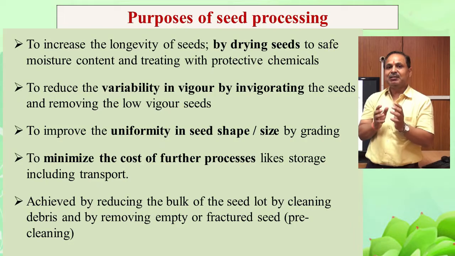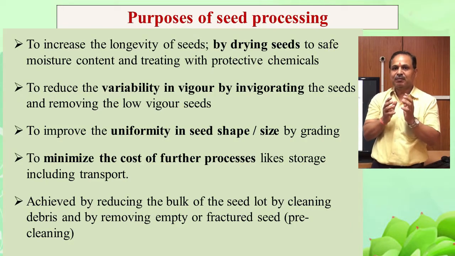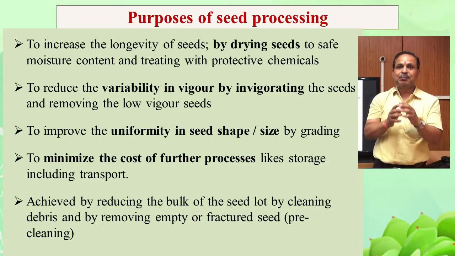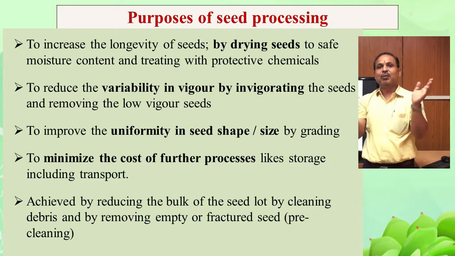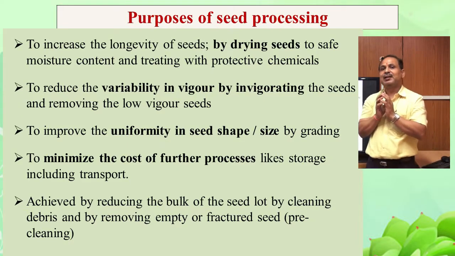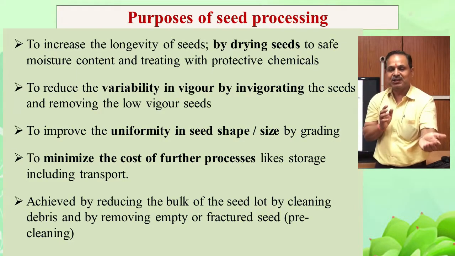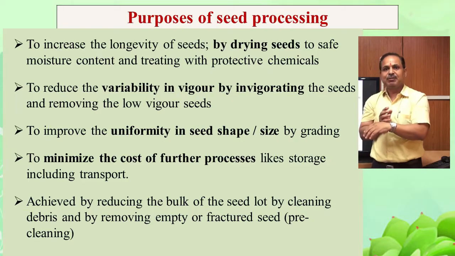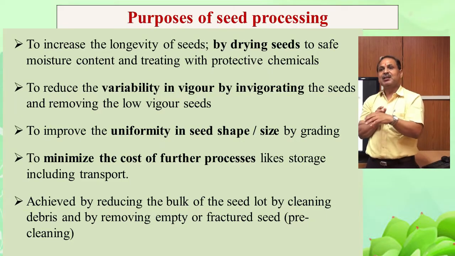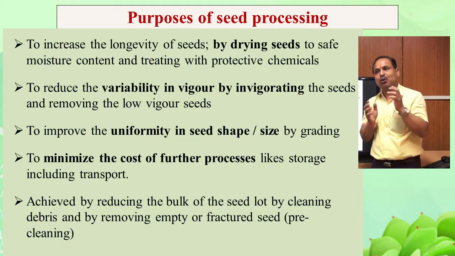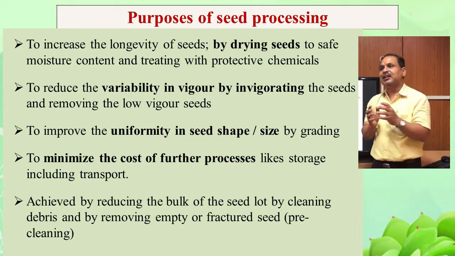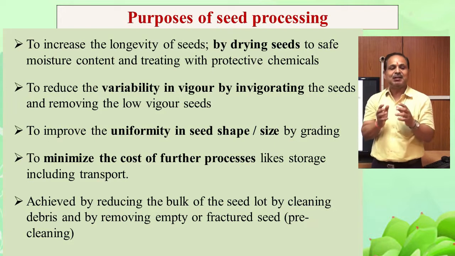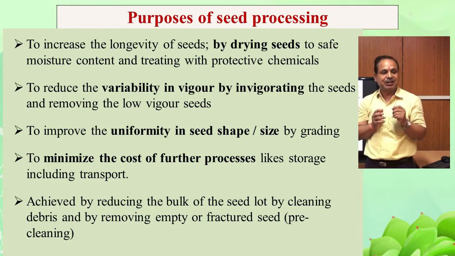Vigor is the inherent quality in the seeds which performs better over a wide range of environments, whether stress environments or rich environments. So this is vigor. There should not be variability in vigor, and it can be determined by invigorating the seeds.